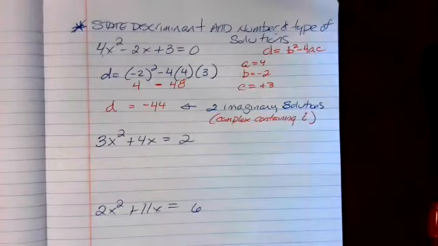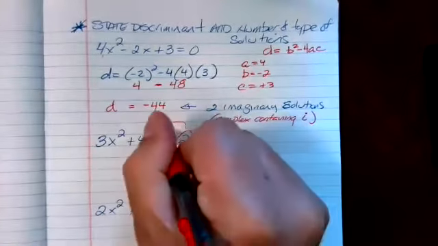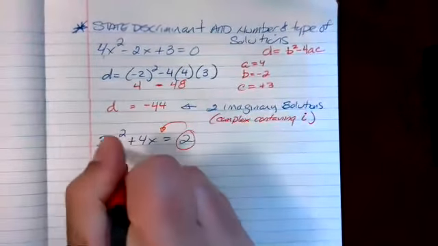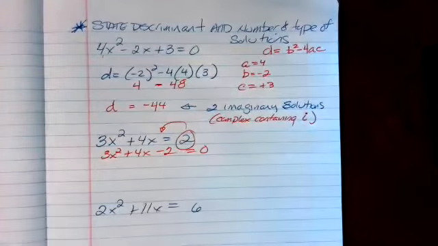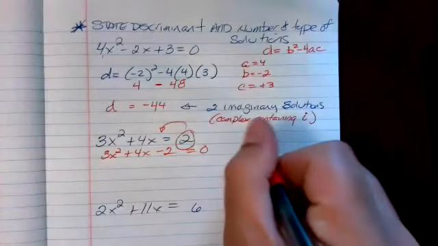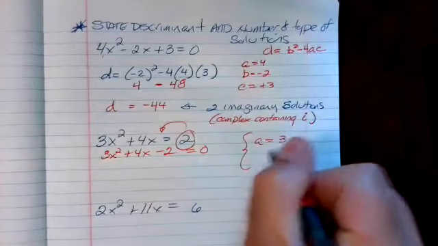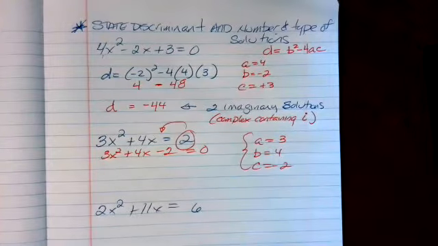So in this next example, I want the equation to be in standard form. I'm going to transpose this, so it's going to be 3x squared plus 4x minus 2 equals 0. Now that it's in standard form, I know A is equal to 3, B is equal to 4, and C is equal to -2.